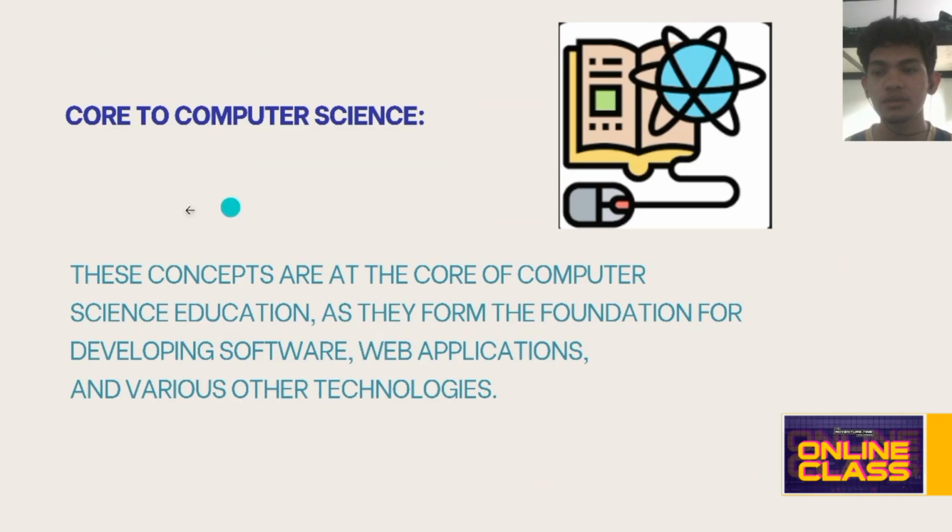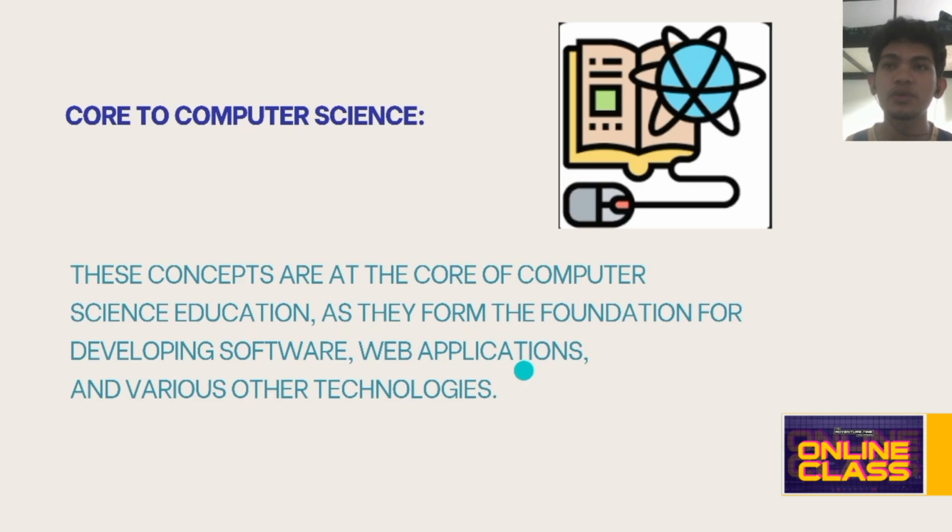Next is core to computer science. These concepts are at the core of computer science education as they form the foundation for developing software, web applications, and various other technologies. So data structures and algorithms are essential in computer science education, providing foundational tools for problem solving and software development.